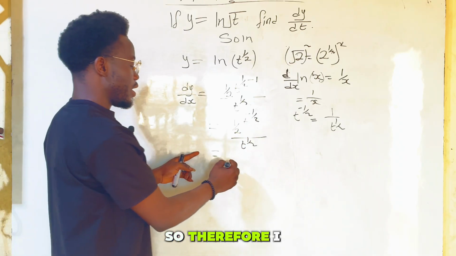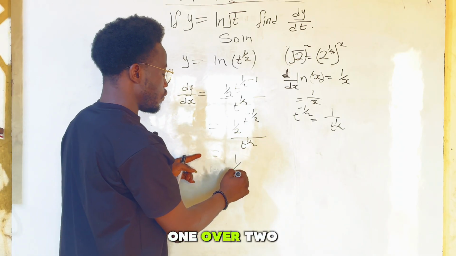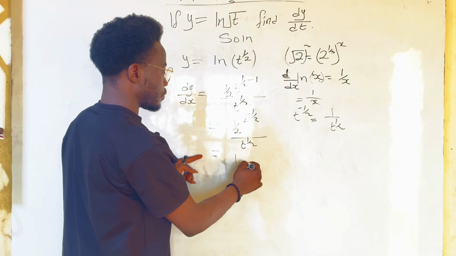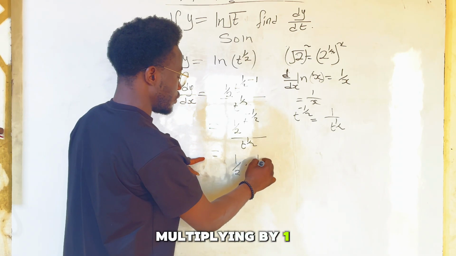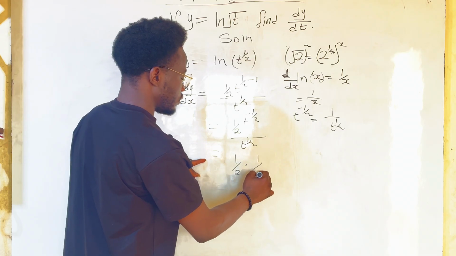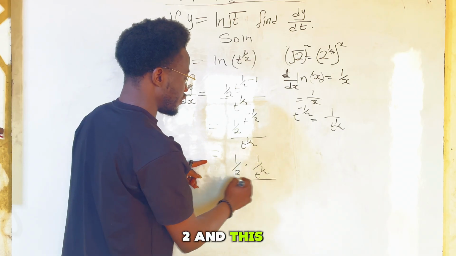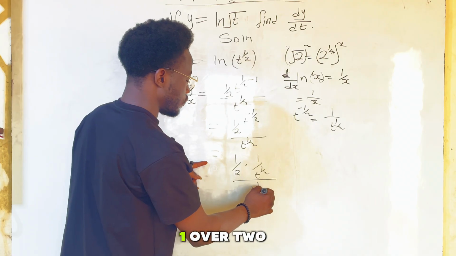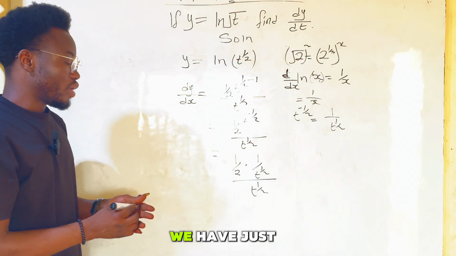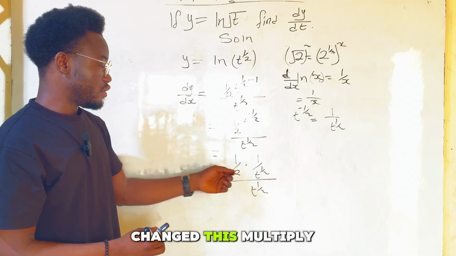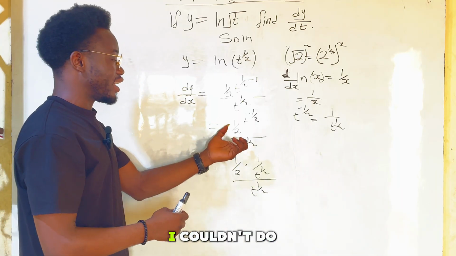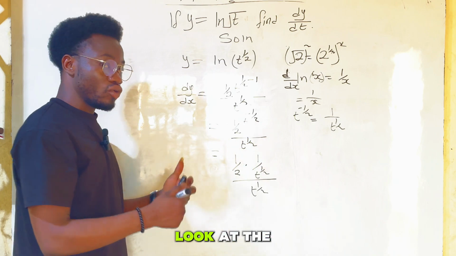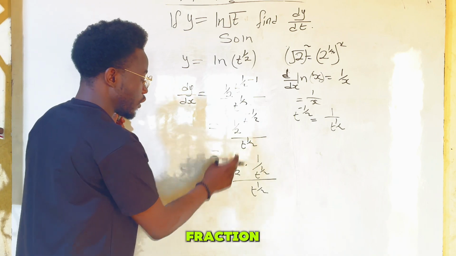So therefore, I can have my 1/2 multiplied by 1/t^(1/2), and this all divided by t^(1/2). We have just changed this. I'm taking this step, if not, I'm going to do everything from here. But look at the step by step, because it's a fraction.